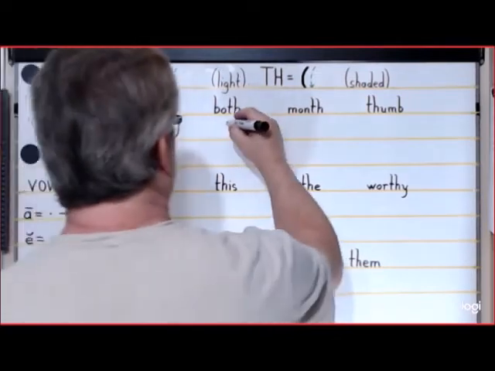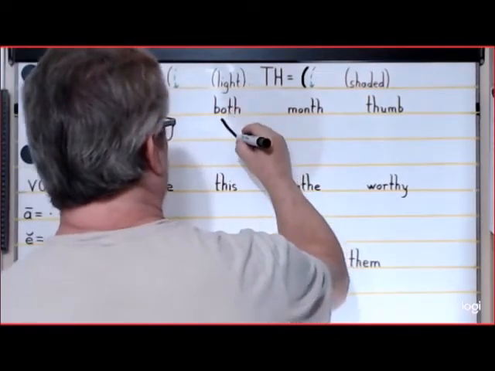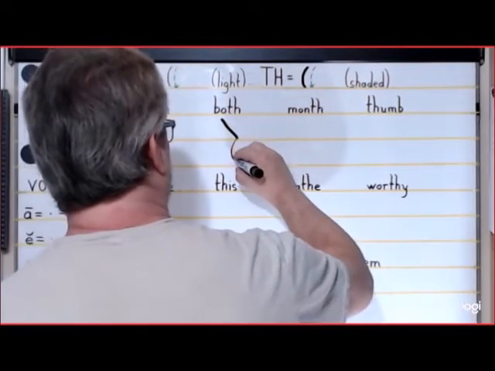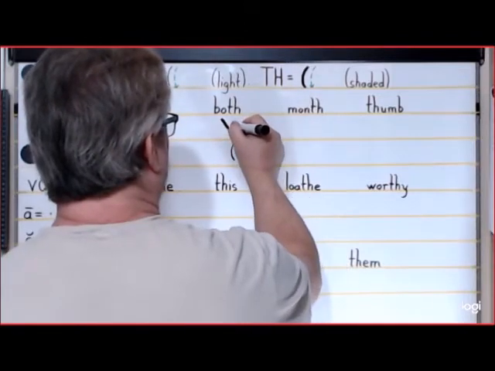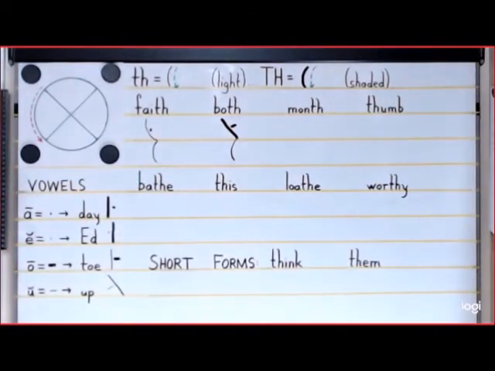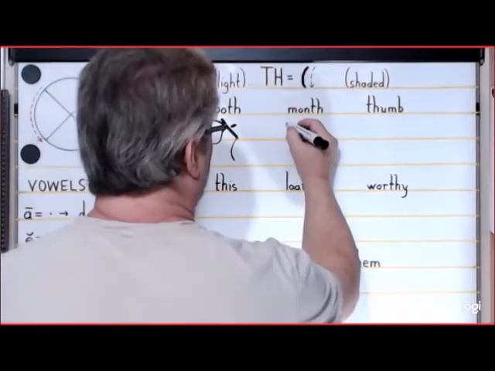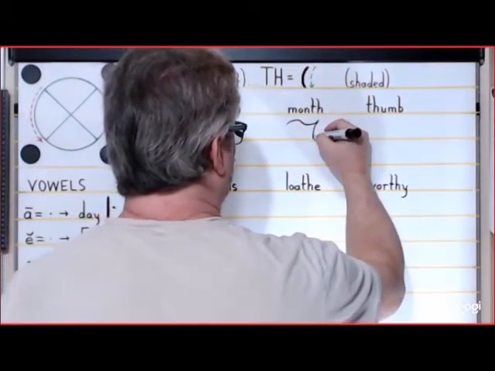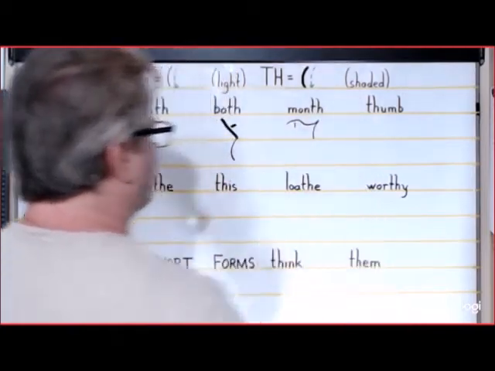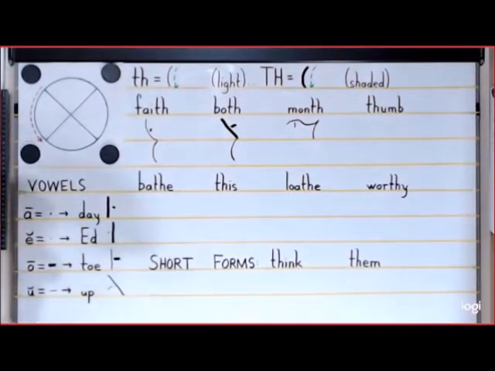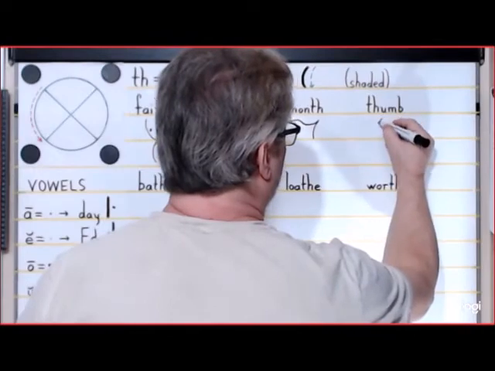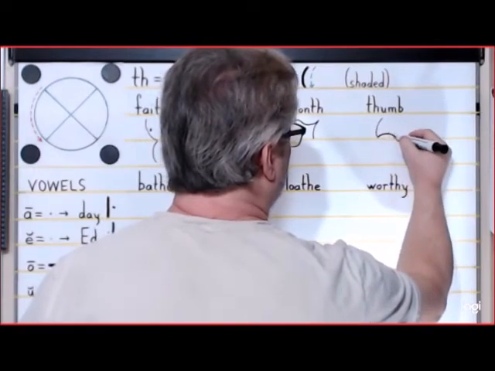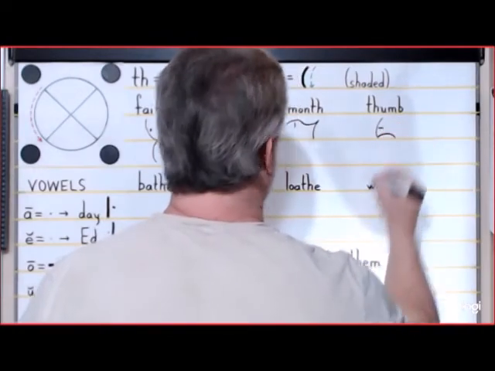For the word both, it will be B, then a TH, then a heavy dash. For the word month, it is M, an N, and a TH, then a light dash. Thumb is a TH and an M, then a light dash.